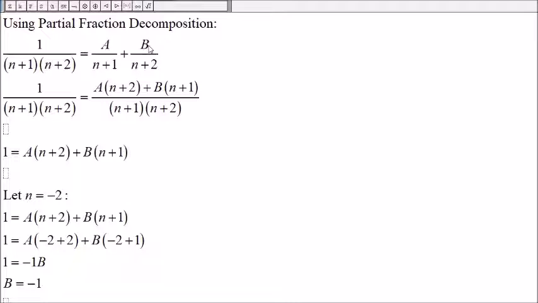So we got b to be negative 1, and now we need to figure out what a is. To figure out what a is, we look at the factor next to the constant b and think of something that will make this factor 0. We can let n be negative 1, because negative 1 plus 1 is 0.